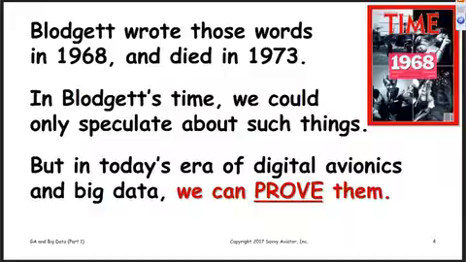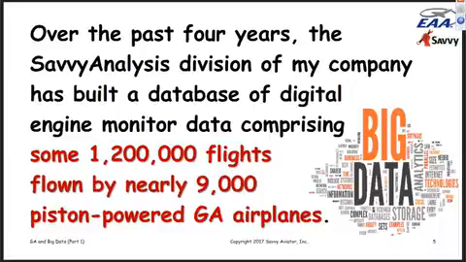As I mentioned, over the past 4 years, the SavvyAnalysis division of my company has been building a database of digital engine monitor data, and we now have about 1.2 million flights flown by nearly 9,000 different piston-powered GA airplanes of all kinds, ranging from tons of RVs and other experimentals up through big cabin-class piston twins.